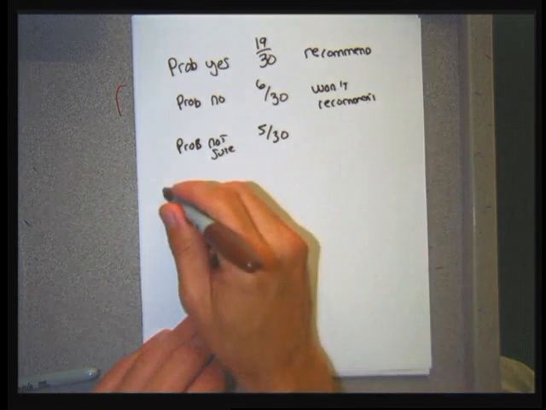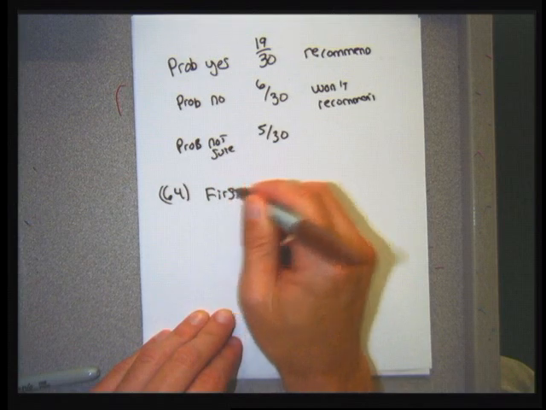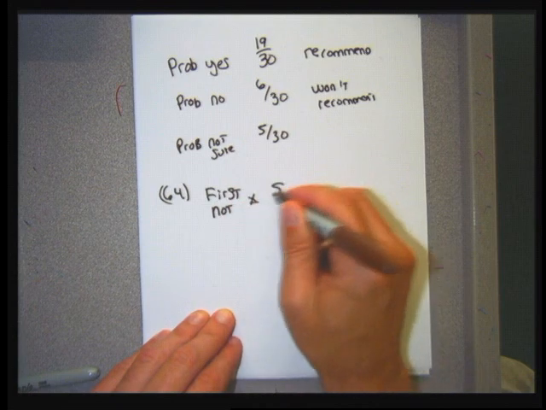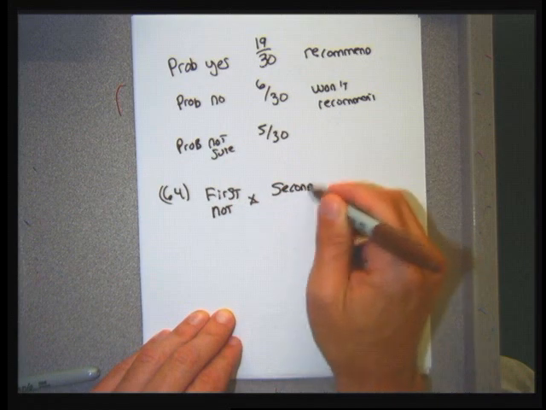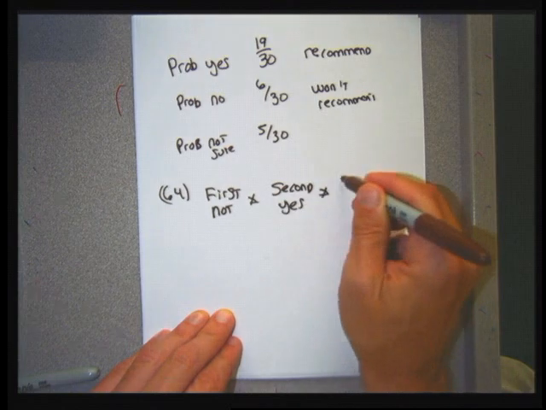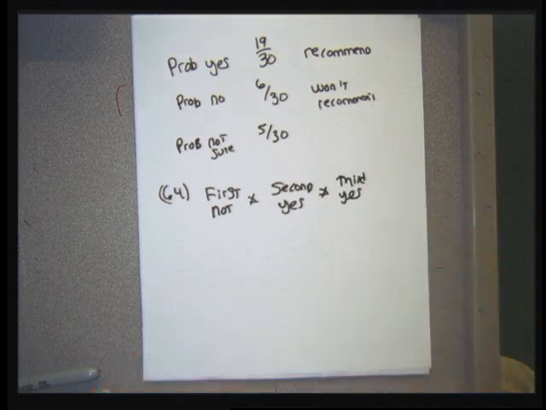So problem 64, what's the probability that the first would not recommend, the second and the third would recommend? So yes, they'd recommend, and yes, they'd recommend. To do the answer to this question, I'm just going to find each probability and multiply them together.